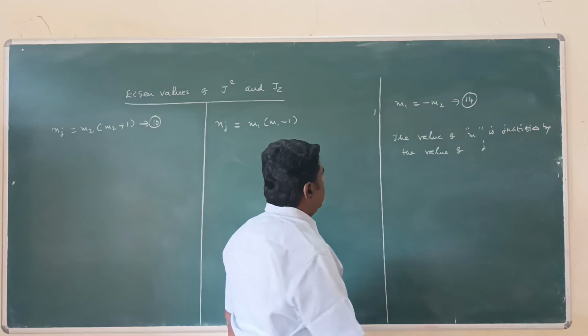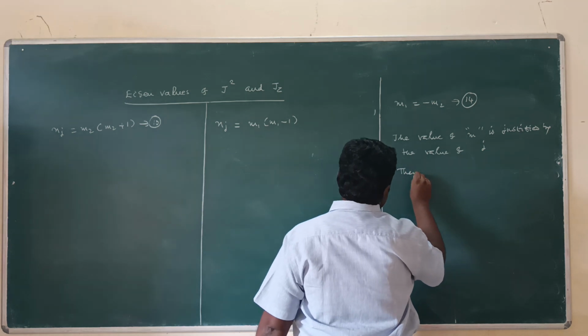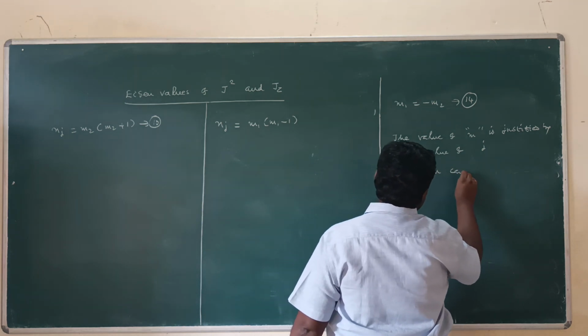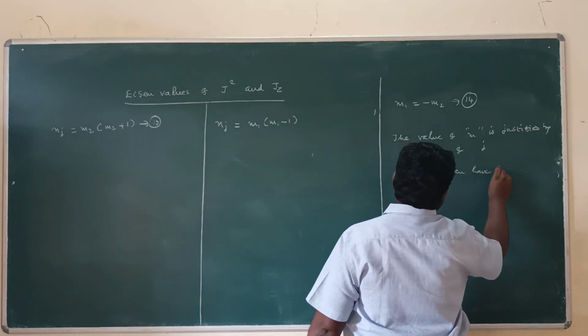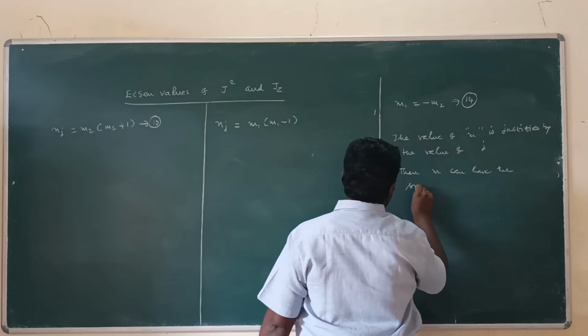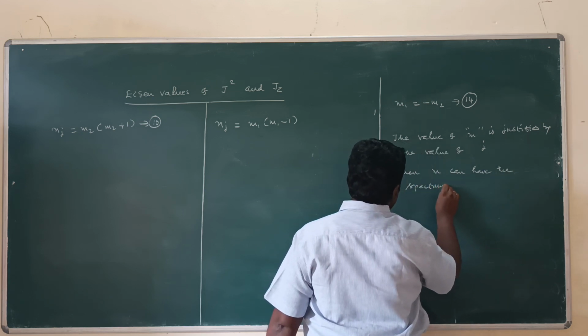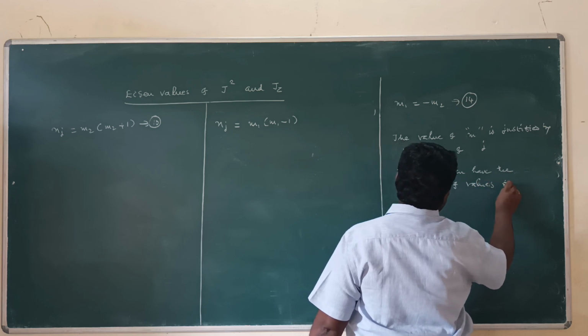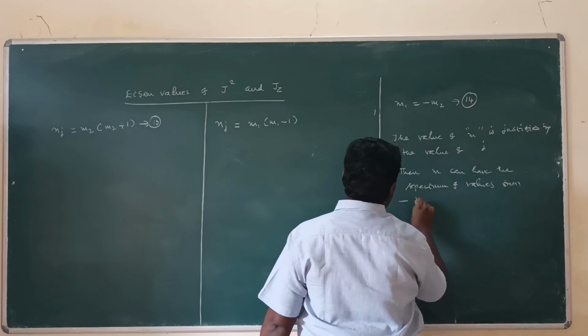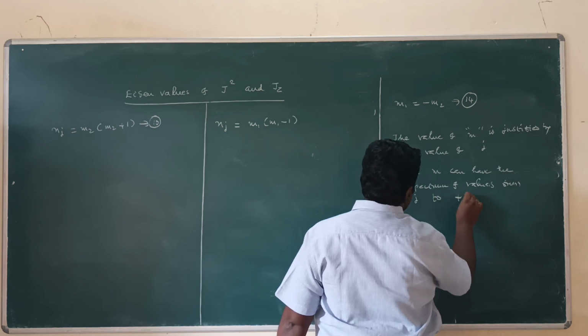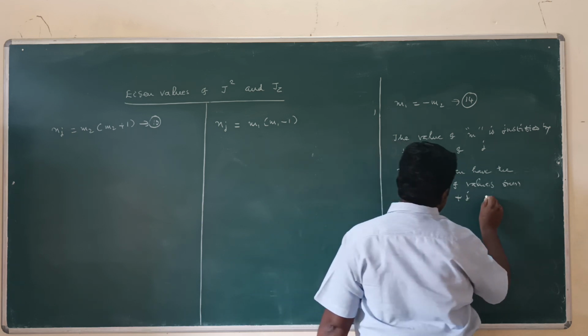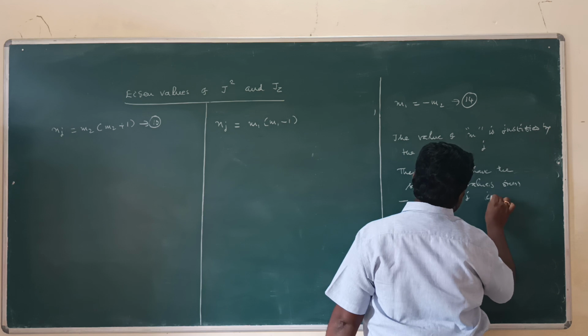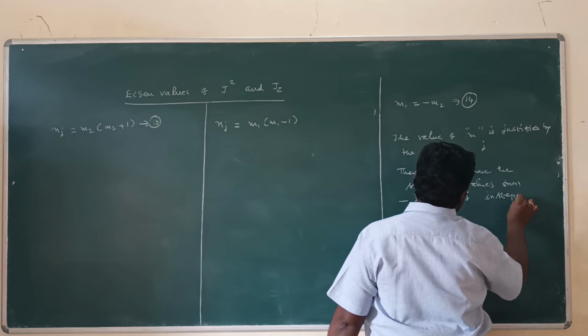Then m can have the spectrum of values from minus j to plus j in steps of unity.